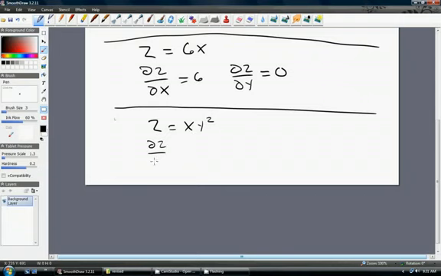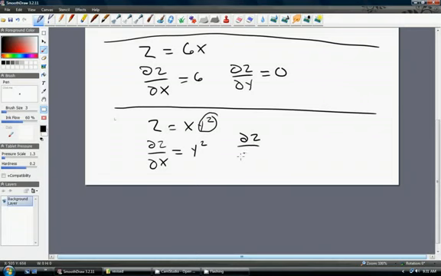Partial derivative of z with respect to x here is going to equal y squared. We're treating y as a constant, so we've got some constant here, y squared multiplied by x. The derivative of x is just 1, so we get back y squared.